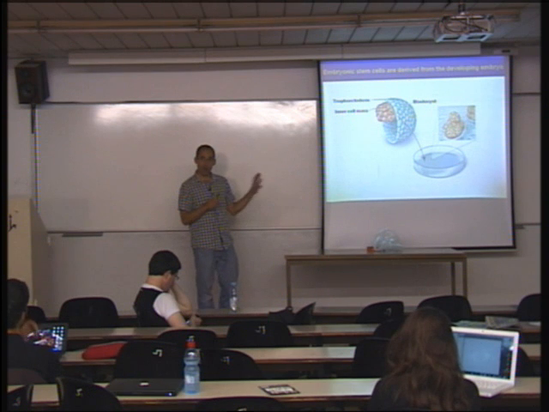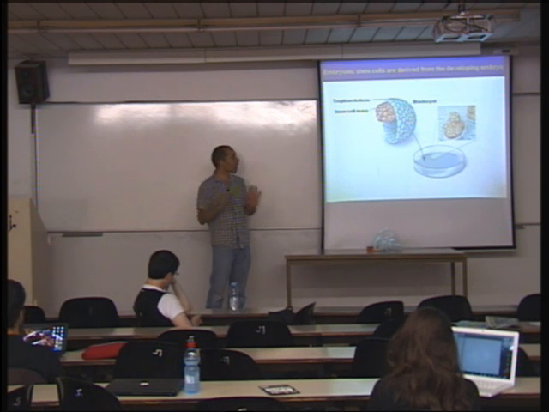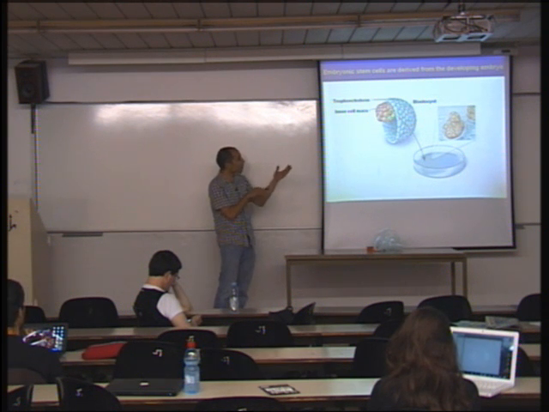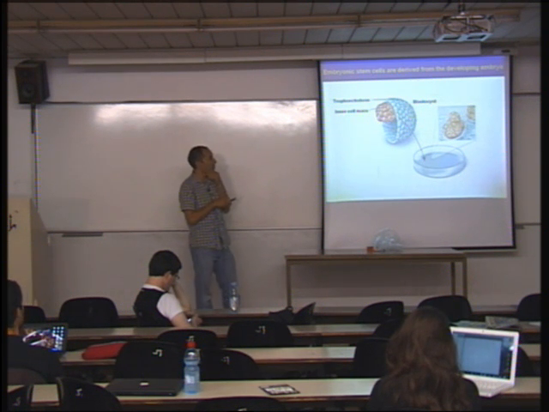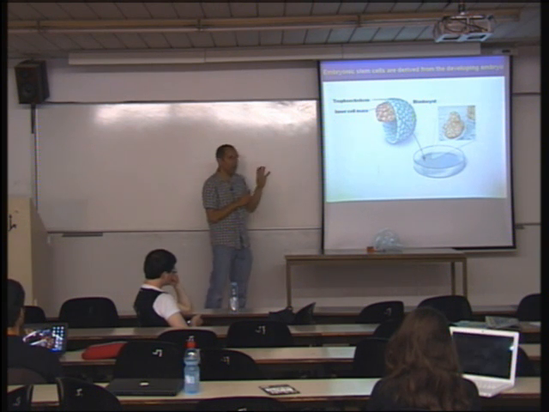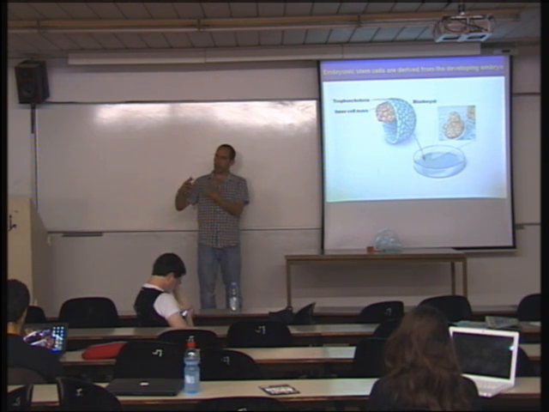So embryonic stem cells are an in vitro manifestation, or in vitro artifact, if you want, of this inner cell mass. And I just have to spend 1 minute on the difference between embryonic stem cells and these real embryonic cells, because there are very big differences. These cells here are very transient during development, okay? So the embryo keeps on developing.